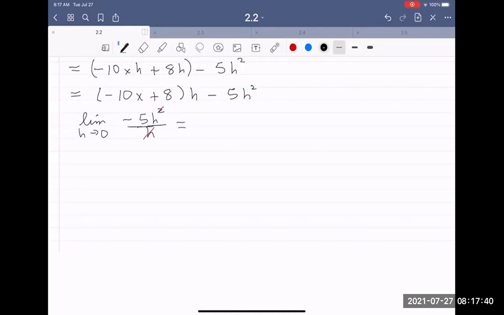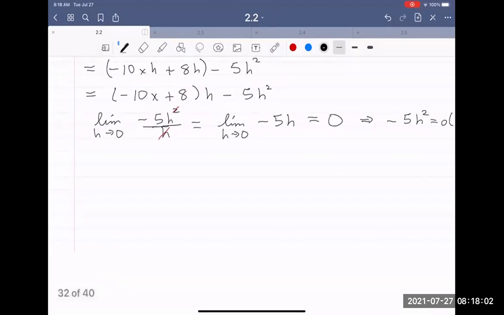So this is just equal to the limit as h approaches 0 of negative 5h, which is 0. Therefore, negative 5h squared is little o of h.